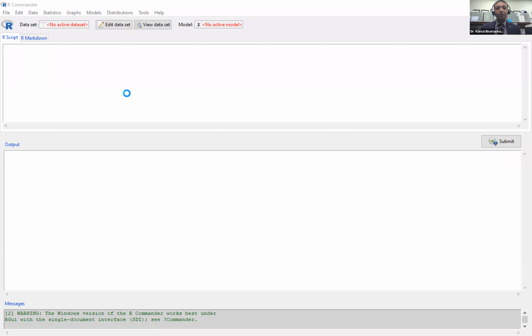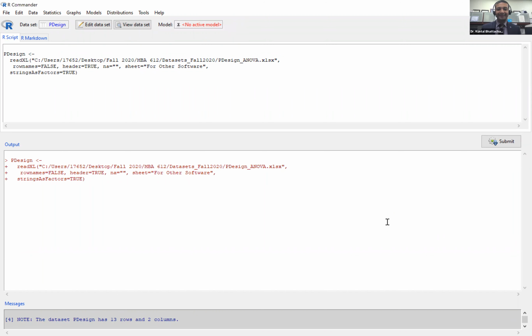Okay, and I want to only use the for other software tab, because it is the raw data just the way it is. If I look at the messages, it says the dataset P design has 13 rows and 2 columns.